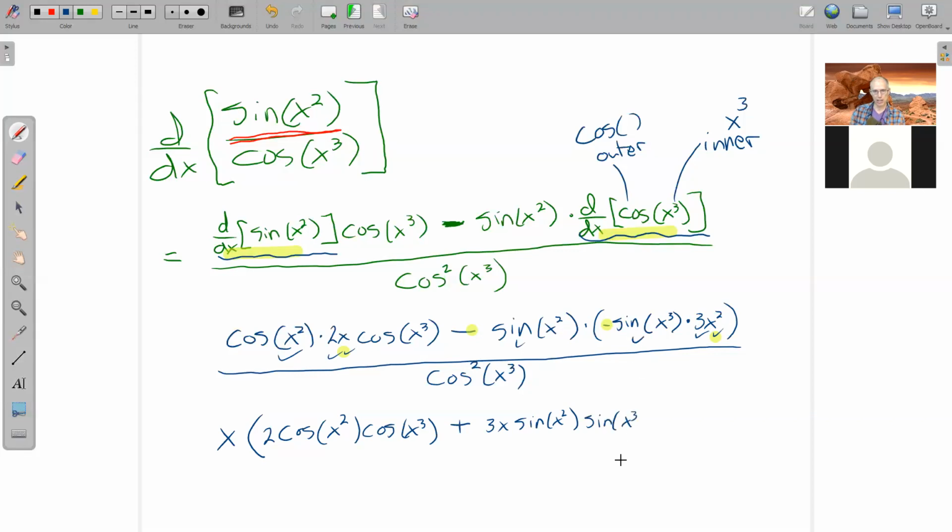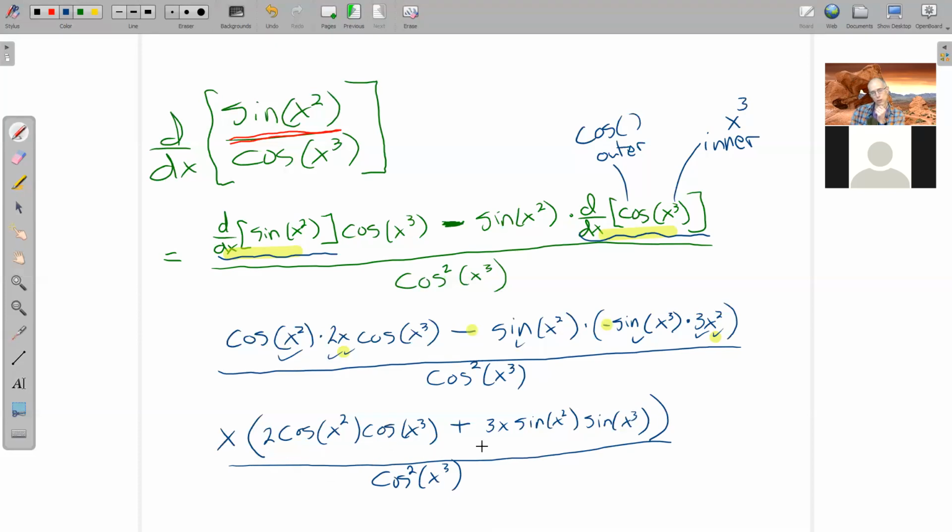So now I have that, and all of that is over cosine squared of x cubed. And we can't cancel here because there's a cosine of x cubed here, but not there. This has a 2, that has a 3x.